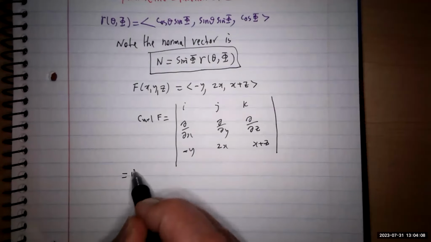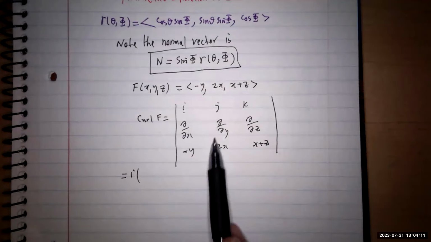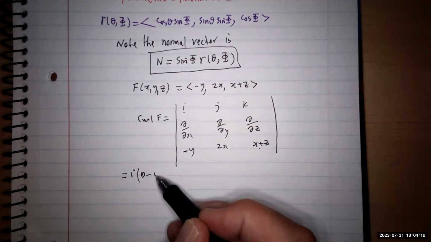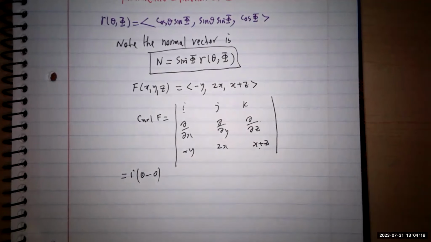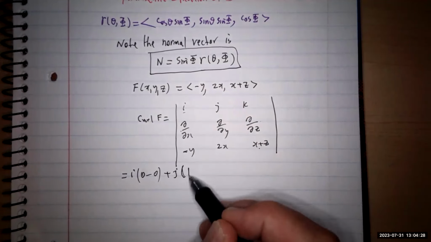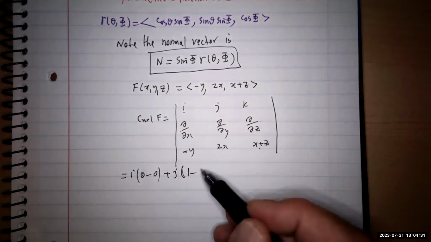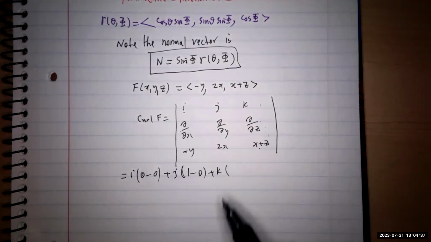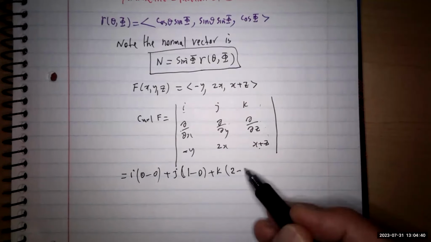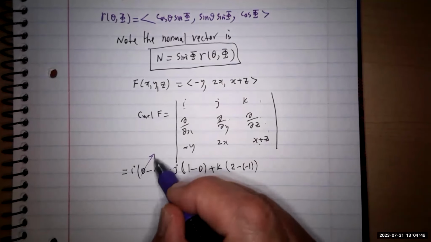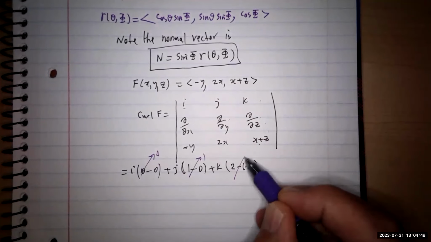So it's going to be equal to i times, with respect to y that gives you 0, minus with respect to z that would be 0, nothing here. Plus j times, with respect to x is 1, minus with respect to z is nothing. Plus k times, with respect to x is 2, with respect to y is negative 1. That's it. So we got the 0 here, and we got the 1, and we got the 3.